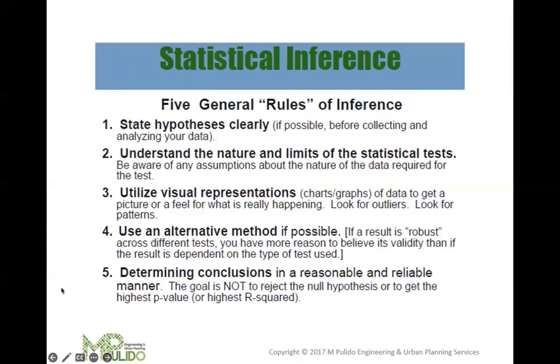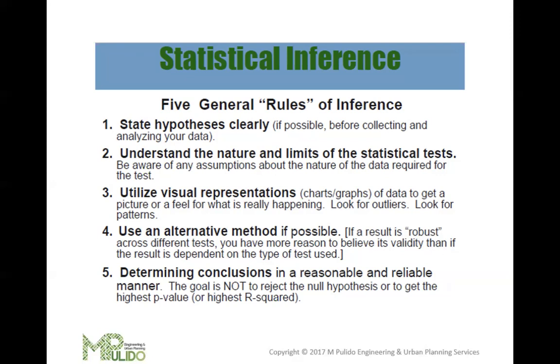Okay. Statistical inference. There are 5 general rules of inference. It involves making conclusions about a population based on sample data. So you can see the outline here. This is to guide the process to ensure it's conducted systematically and accurately.